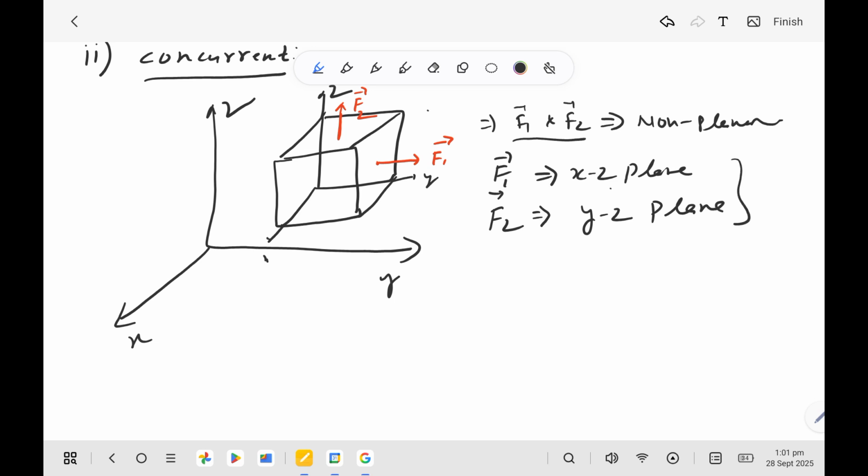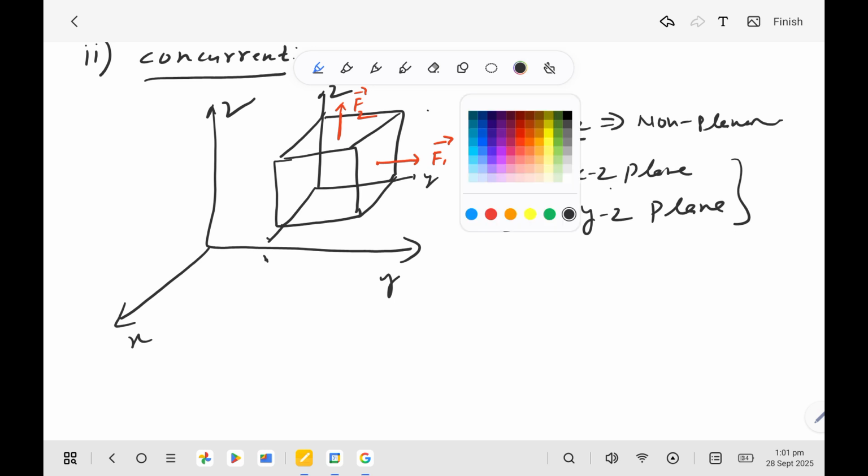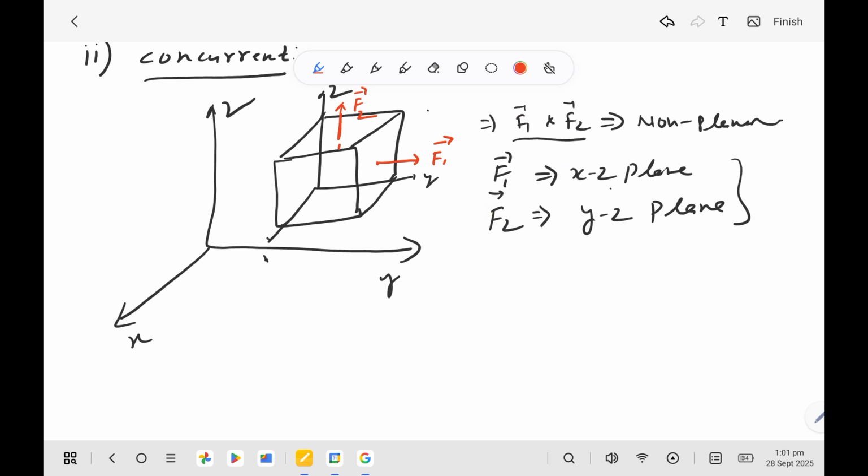So both forces are acting in different planes, but if we draw the line of action of these forces, the line of action of this force and the line of action of the other force meet at a point C in space.